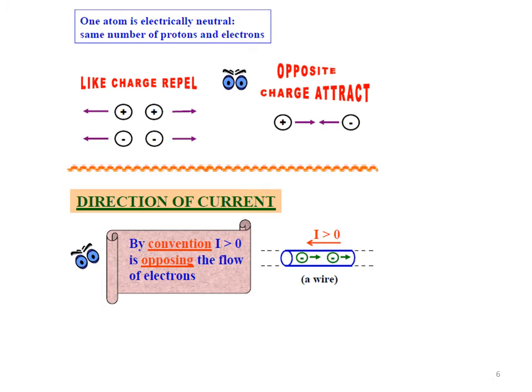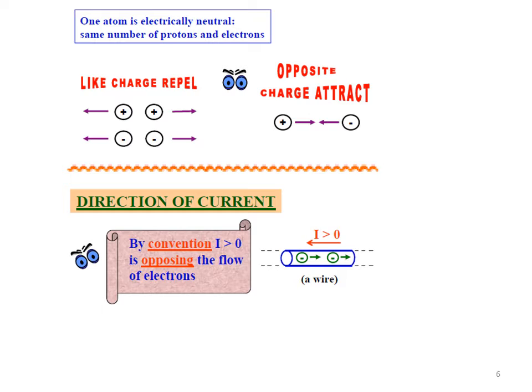And normally one atom is electrically neutral because it has the same number of protons and electrons. Okay, we have some remarks here. Like charges repel each other and opposite charges attract each other.